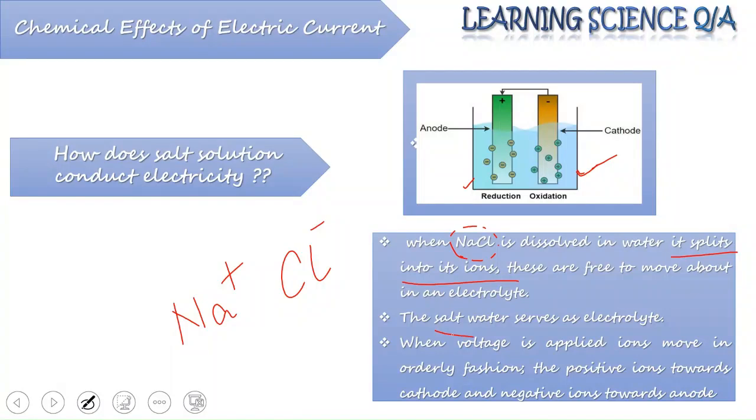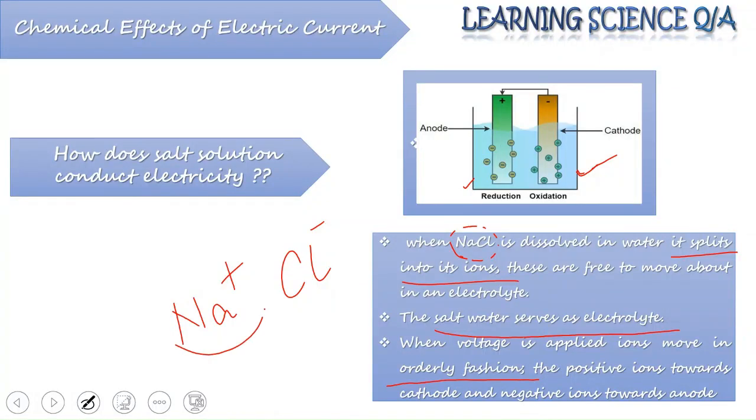The salt water here acts as the electrolyte, that means the solution that can conduct electricity. And when the voltage is applied, ions will move in orderly fashion. Students, always remember, the movement of ions will be random until voltage is applied, showing that they can move. But once the voltage is applied, their movement will be in particular order. That means the positive ions will move towards the cathode.